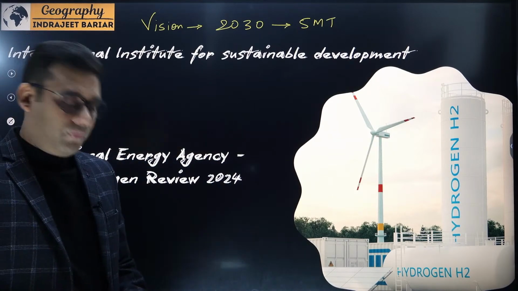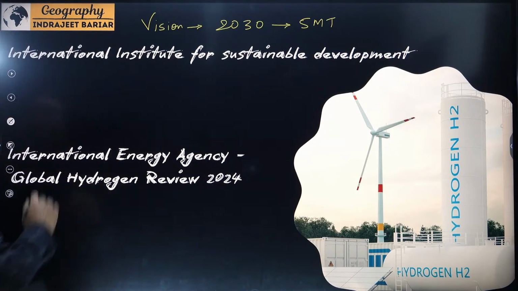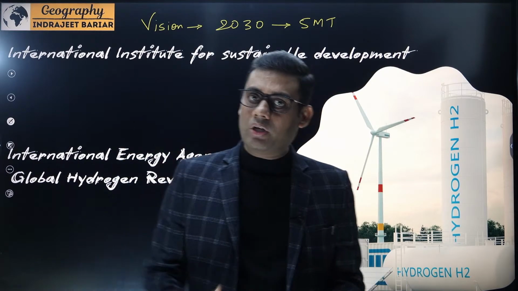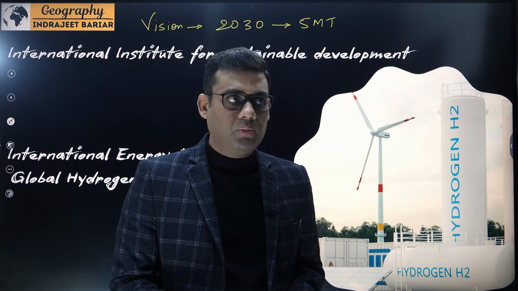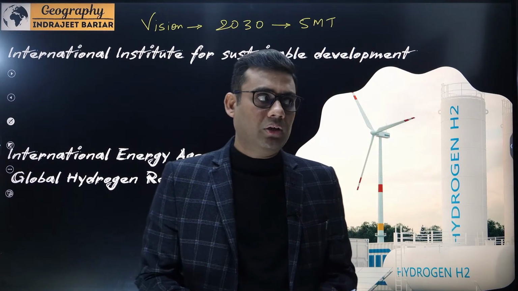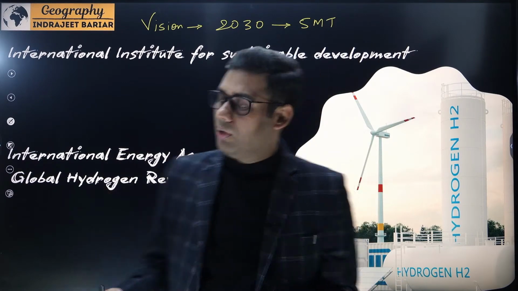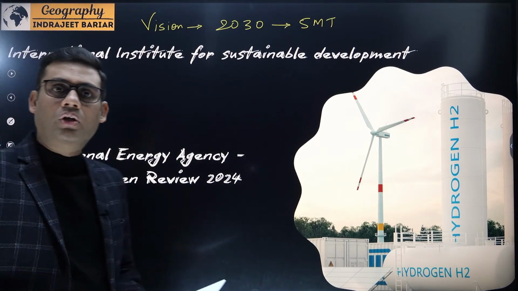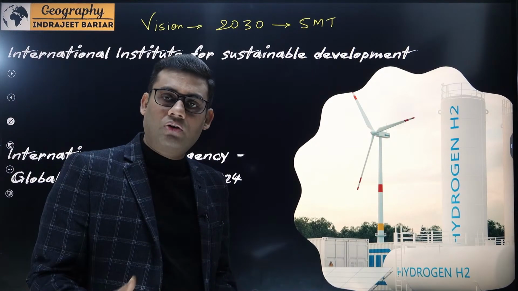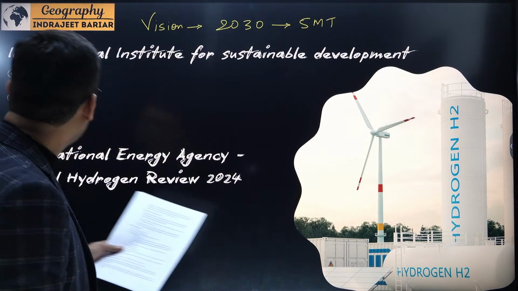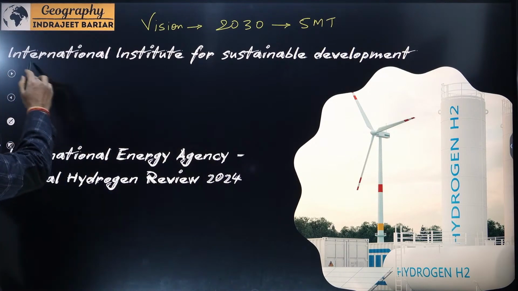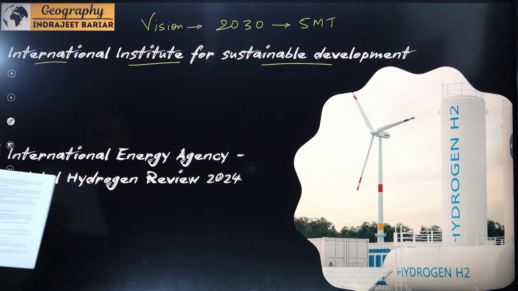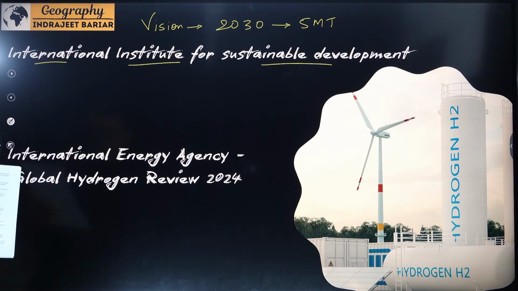Now from here, if we talk about whether it can be reached, how it would be reached, how sustainable it would be, first it would be nice to check the views of different organizations with respect to producing this green hydrogen or reaching the goals. And in that case, the first one I am quoting is the International Institute for Sustainable Development.